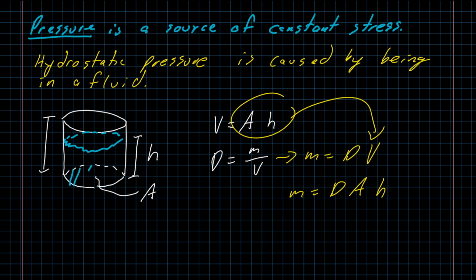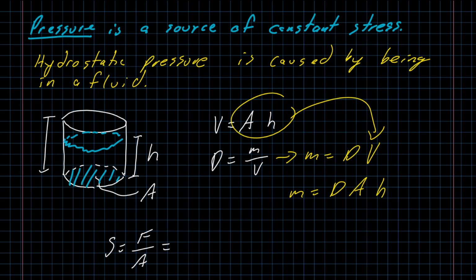And so let's consider something that is right at the bottom for now. If we were talking about something that was further up, we just have to change where our height measure is, but let's think about something that is right on the bottom of the container so that all of this fluid is above it. And to calculate the stress, well, we need force divided by area.